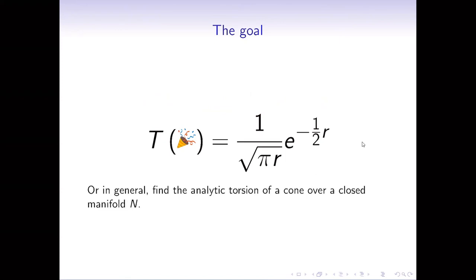But in general, we'll find an expression for the analytic torsion of a cone over a closed manifold N. The interesting part is that while N satisfies all assumptions we had in the course, it's a closed manifold, it's nice, with very nicely behaved zeta functions, a cone over a manifold is in general not a manifold, it's a pseudo manifold.